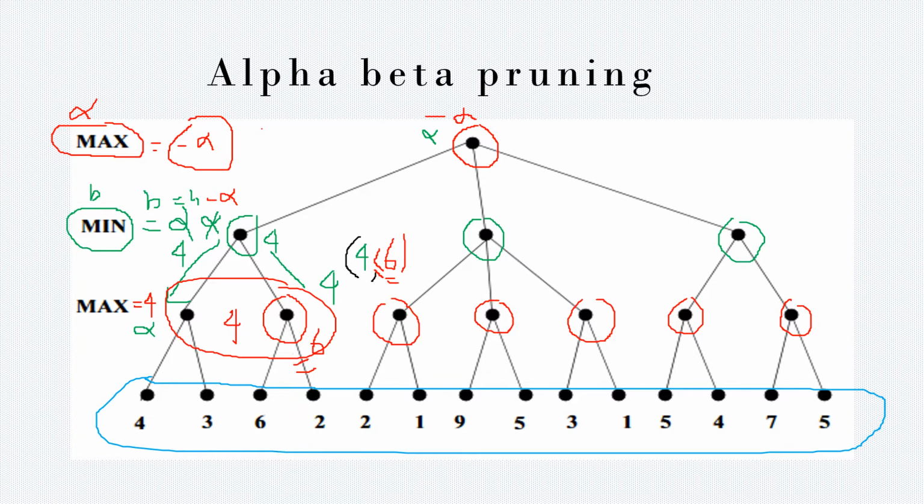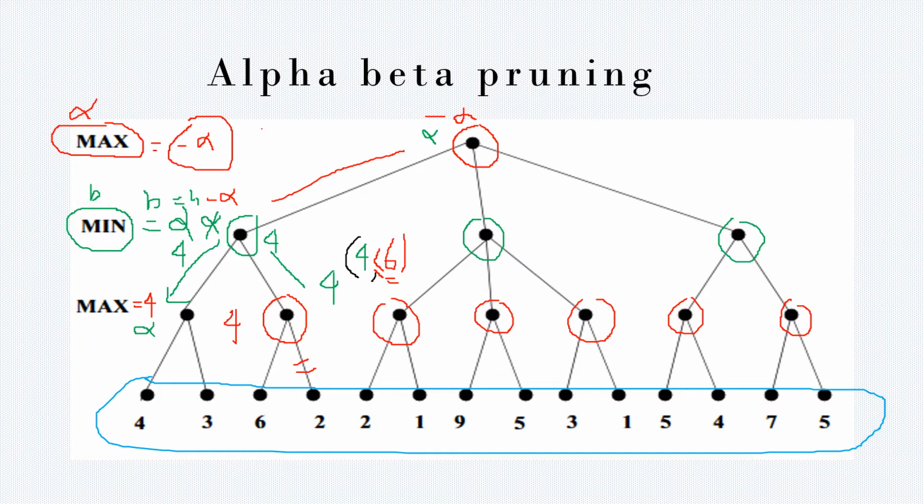So I will erase the circles. Now again, this node belongs to alpha or max, so it will compare the value.